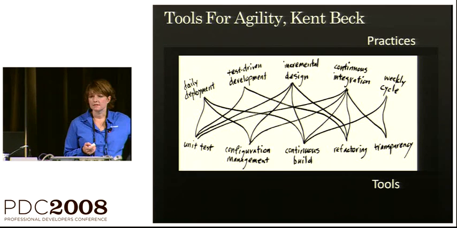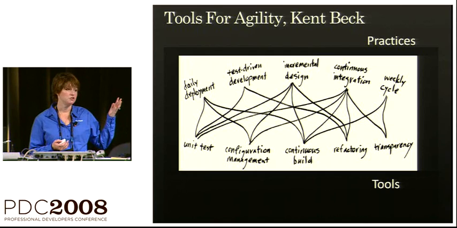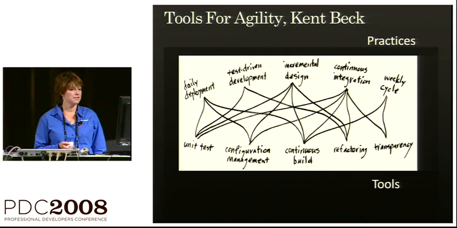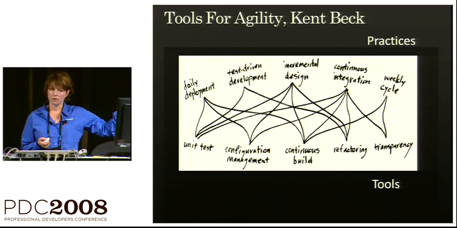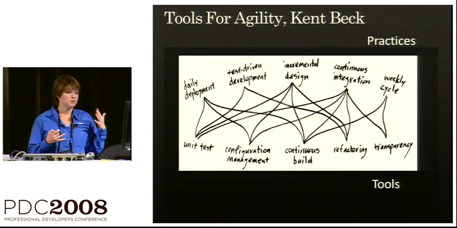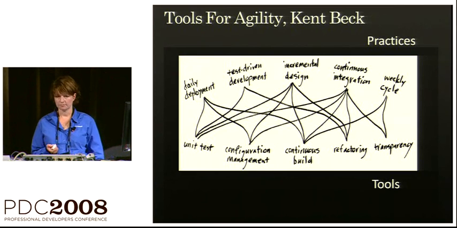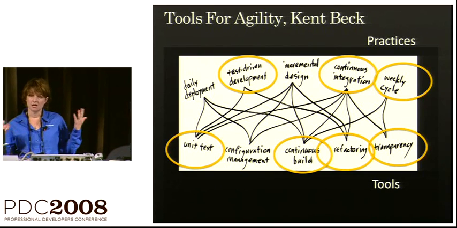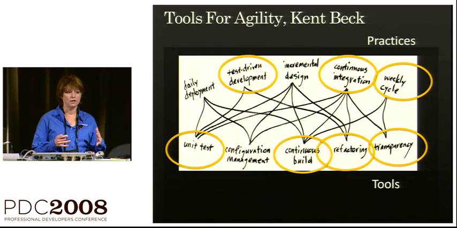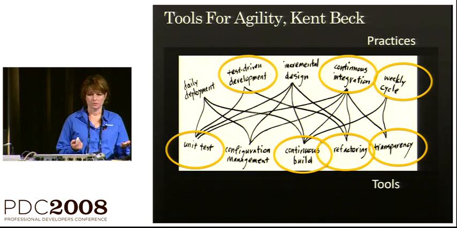So Kent Beck recently wrote a paper called Tools for Agility, where he selected a set of Agile practices as examples and a set of tools that support them, and showed how tools can really bring Agile practices to life. So what I want to do today is talk about several of these items and really talk about how the tools can really accelerate Agile development on your own software teams.